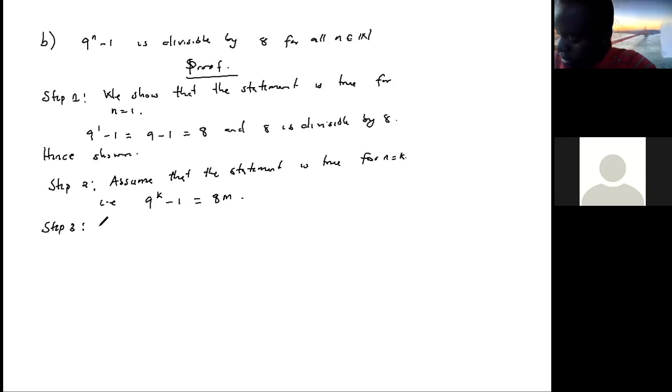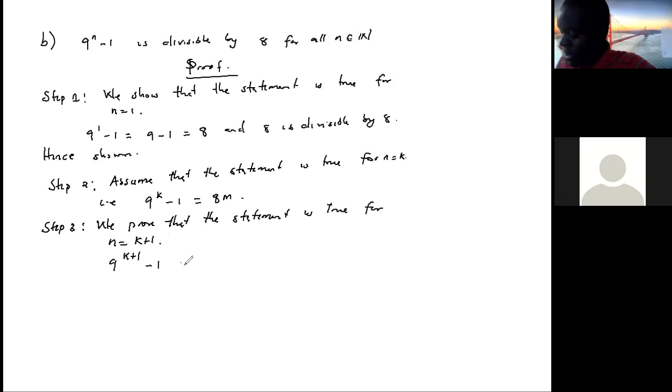That is, we prove that the statement is true for n is equal to k plus 1. So what do we do? Where there's n, we take k plus 1 minus 1. And if we expand, you know that when you have a sum in the powers, it means that we have a product of this nature, 9 to the power k times 9 to the power 1.